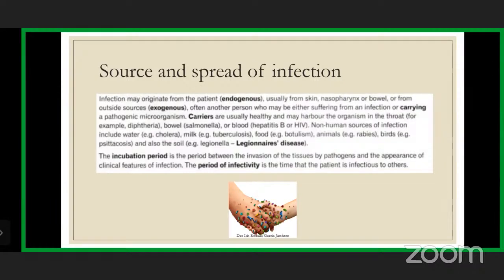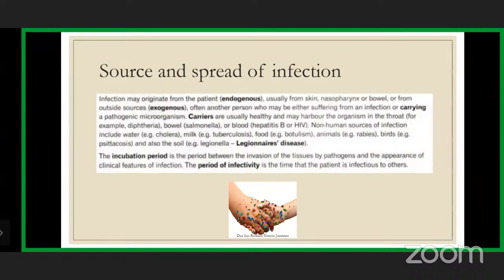Infections may originate from the patient, endogenous, usually from skin, nasopharynx, or bowel, or from outside sources, exogenous. Often another person who may be either suffering from an infection or carrying a pathogenic microorganism.